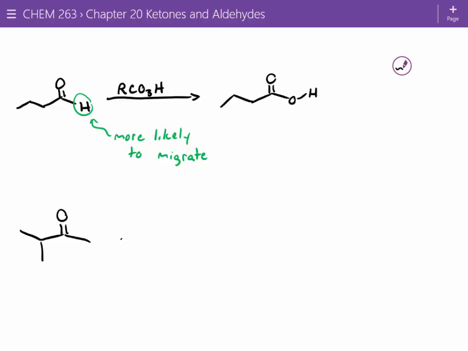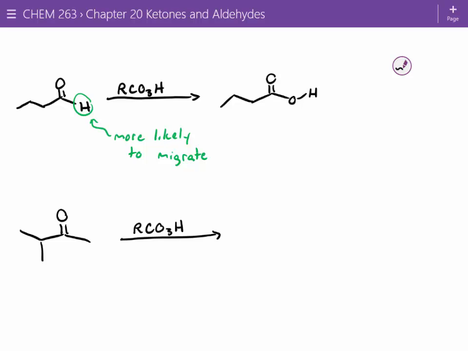Now we've got a ketone. We're going to react this with a peroxy acid. Question is, what ester will we get? Will the oxygen get installed on the left side of the carbonyl or the right side?